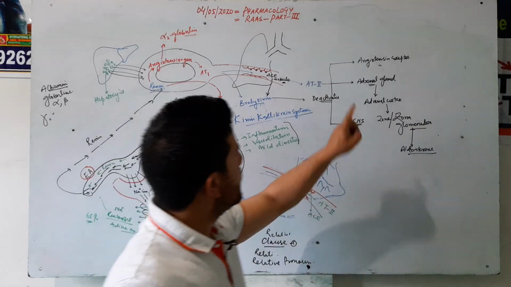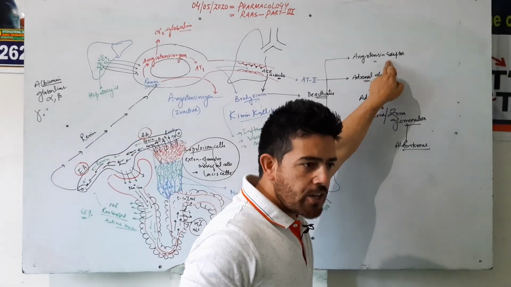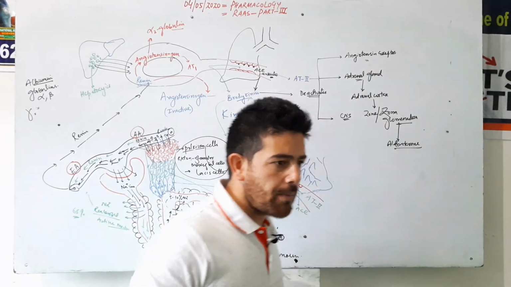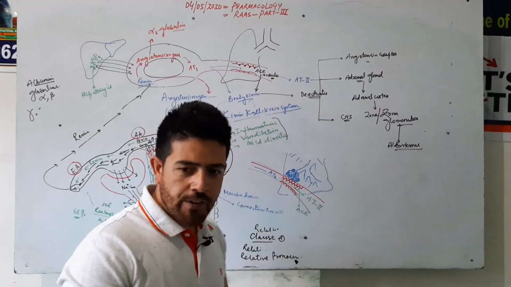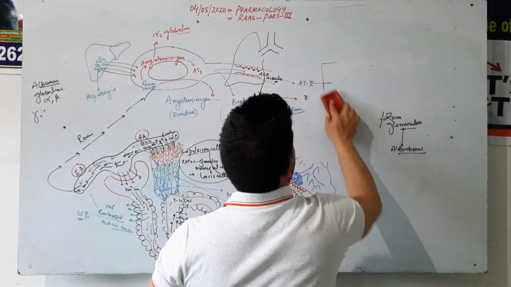First of all, let's have a look how AT1 acts upon the receptors, that is angiotensin receptors, for the management of hypertension. So I will rub out this part.